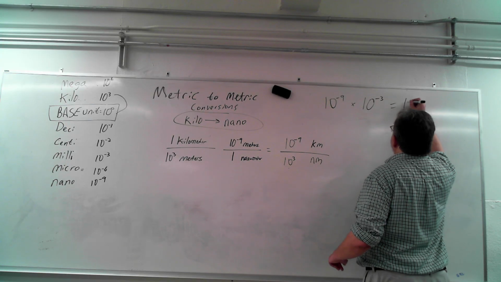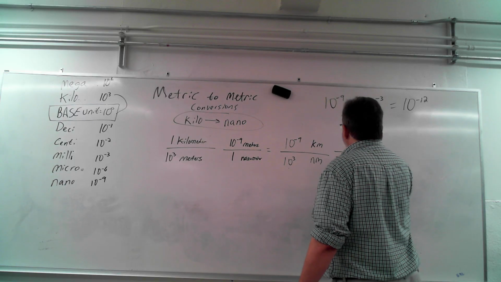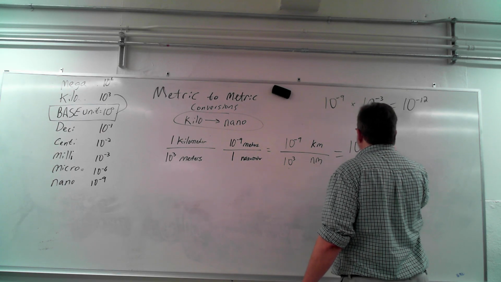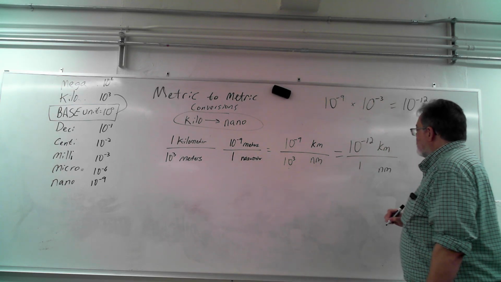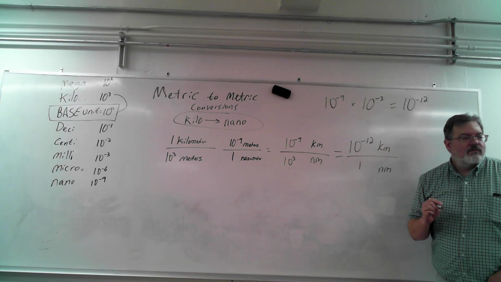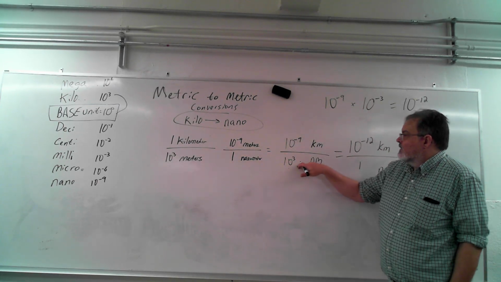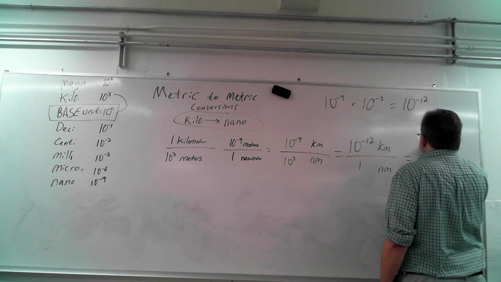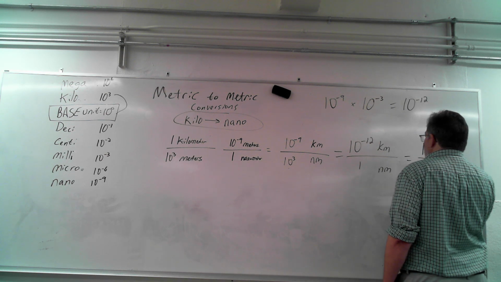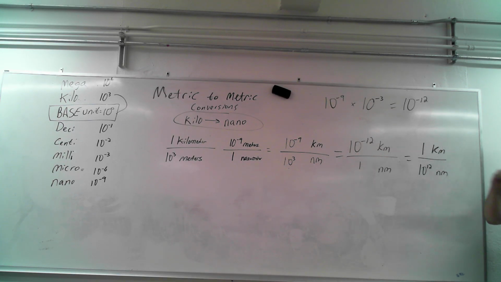And then this ends up being 10 to the 12. So you could also do that. That would work in your conversion as well. All these do equal each other. Those together equal this. Those together equal this. You could even do this. 1 kilometer is 10 to the 12 nanometers. That would work as well.